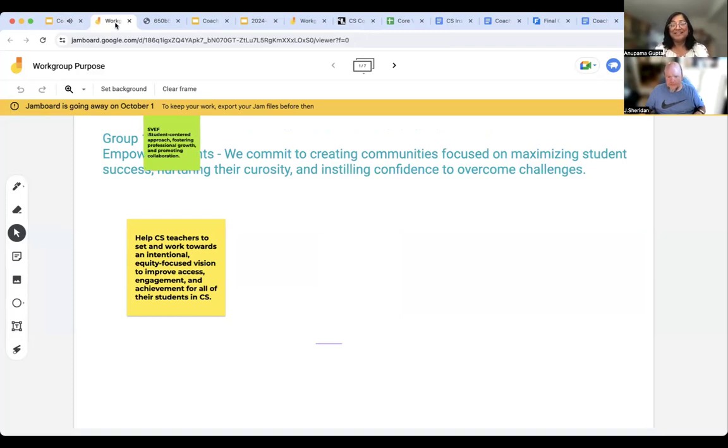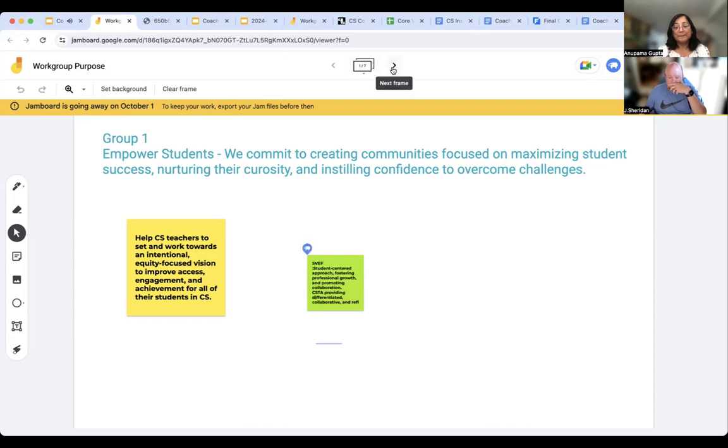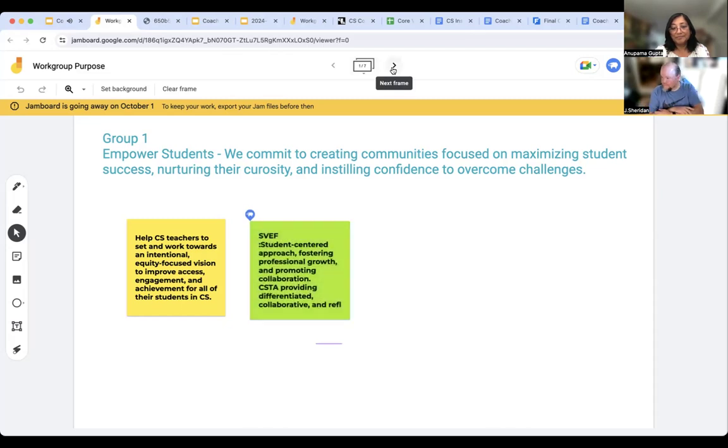Oops, I was trying to add more to the sticky note. No worries. Yeah, this is the third or fourth one, the green one.